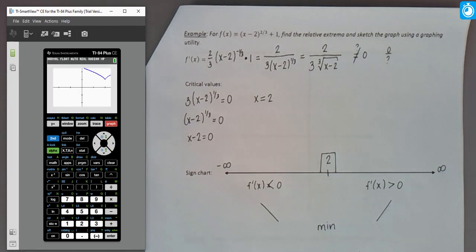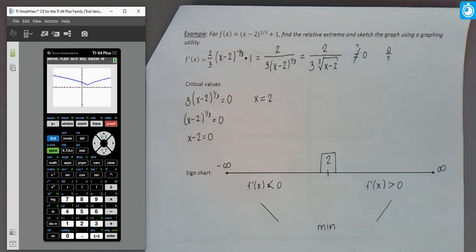So let's graph that. I'm zoomed in, so let's zoom back to standard. And there we go. This is what we see. So why was the derivative undefined at this location? Notice we have a point there at x equals 2. We can verify that on the table. There at x equals 2, notice the output was 1, which is what we expected based on the function evaluation we just did.